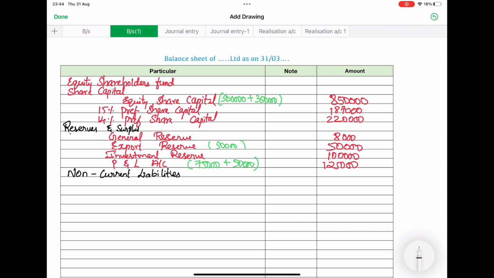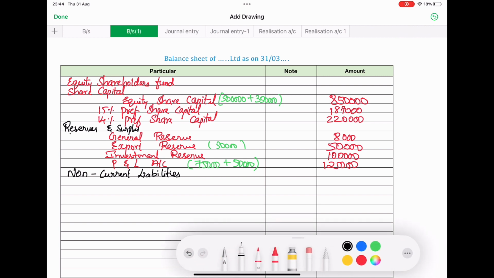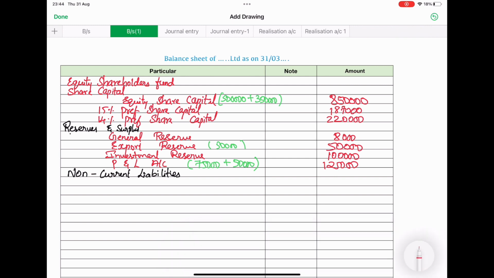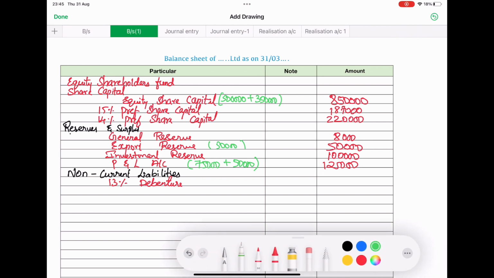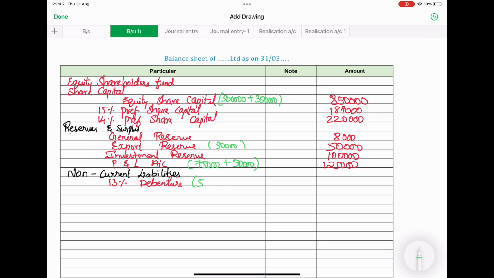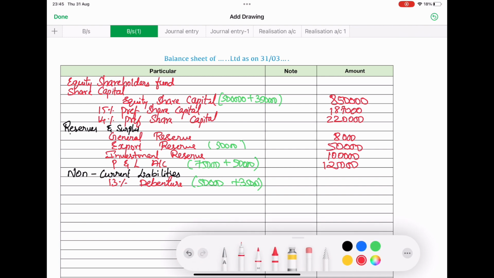So directly we can write 13% debenture. Debentures are valued at 50,000 in P Limited and 35,000 in S Limited. If we add both, we will have 85,000.